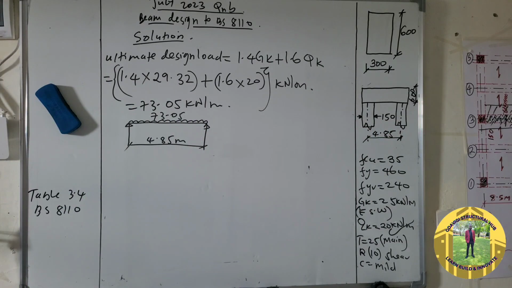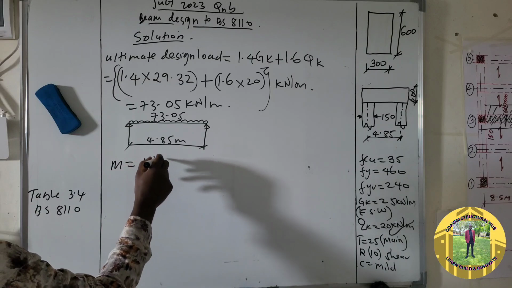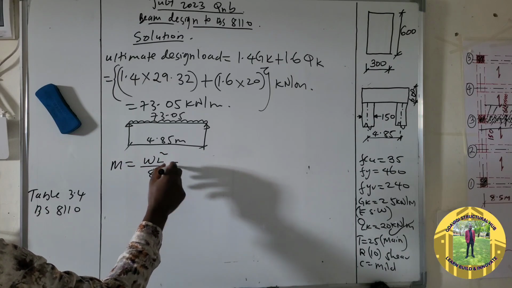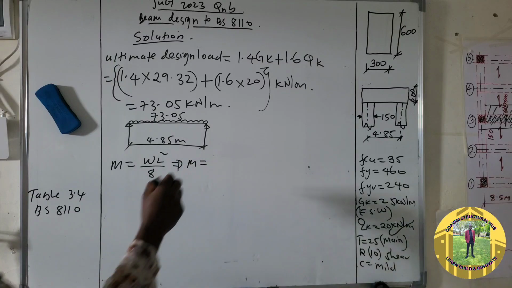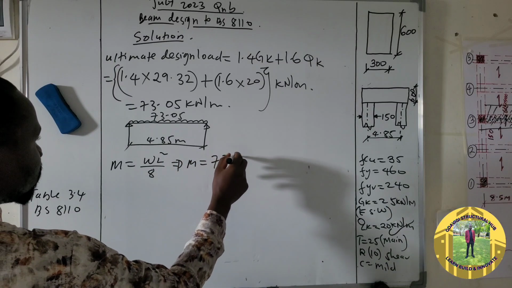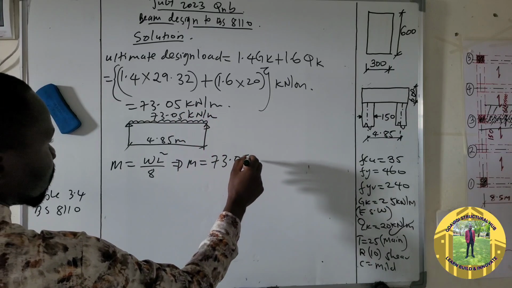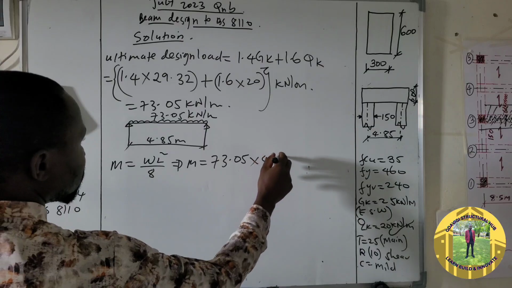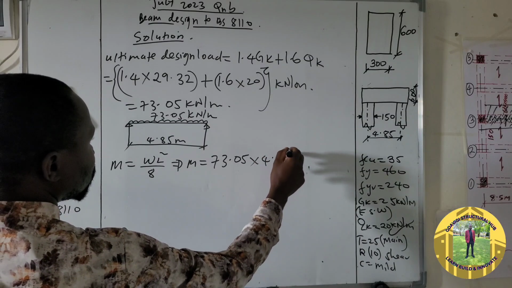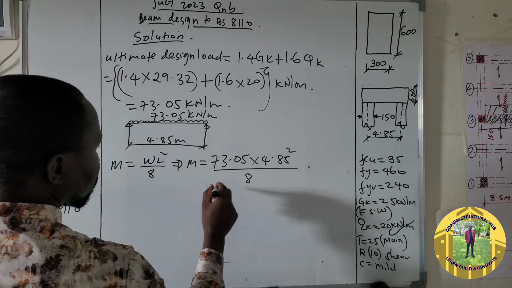So the ultimate design moment, M, is equal to WL square over 8. Which implies M is equal to 73.05, in kilonewton per meter, times 4.85 square over 8.